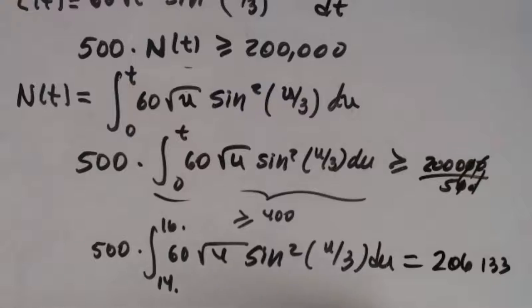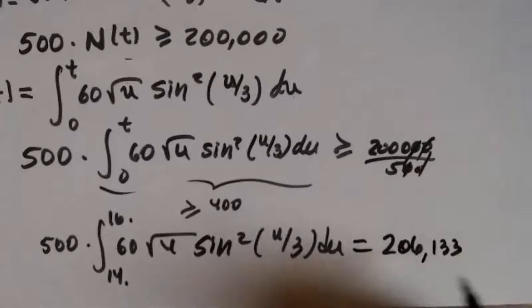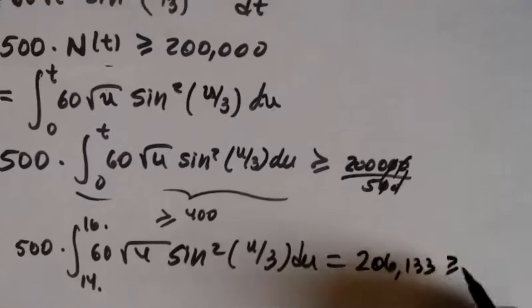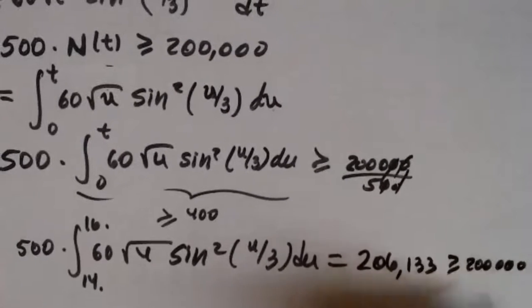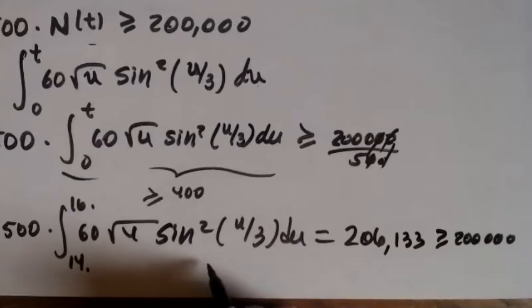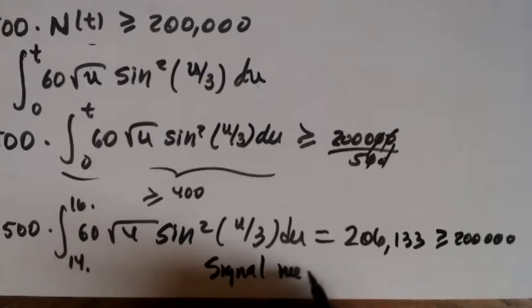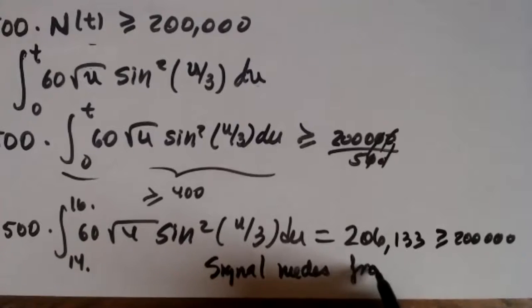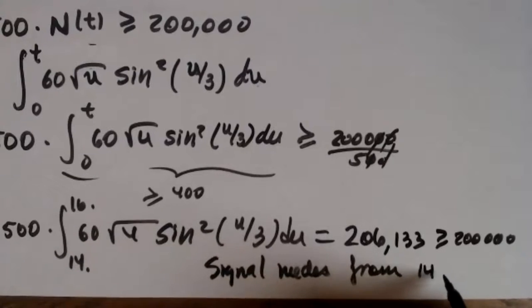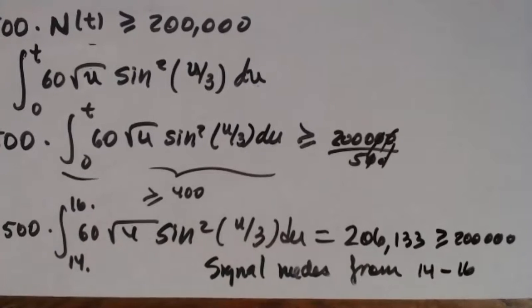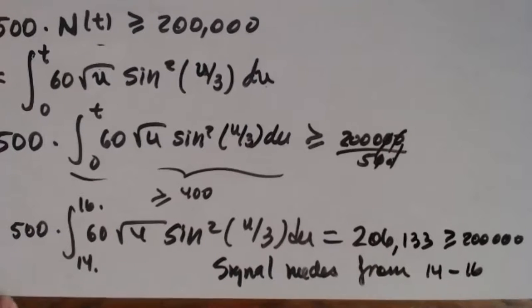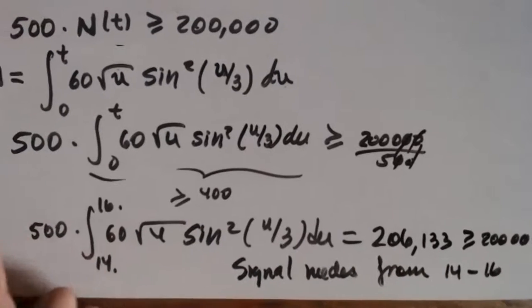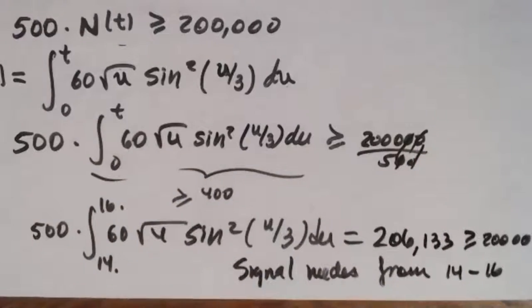So this is the total number of cars. This is more than 200,000. So signal necessary from 14 to 16, correct? Because you determine this from your calculator. This is my reasoning, right?